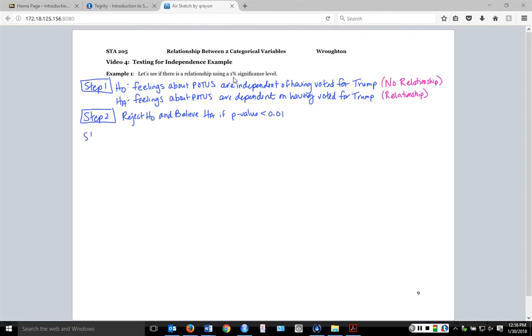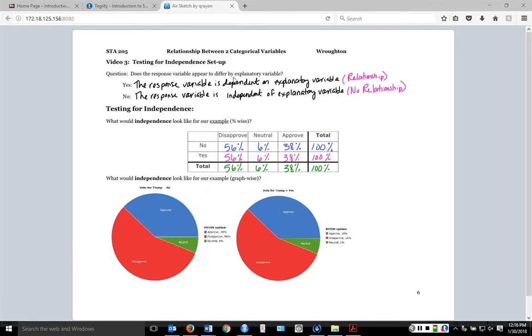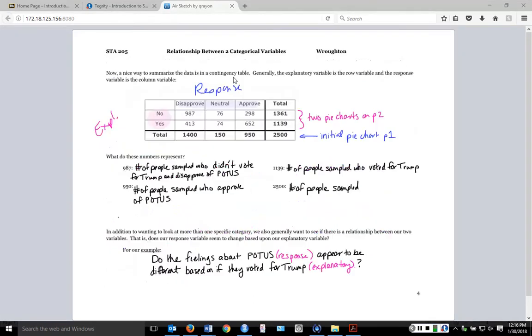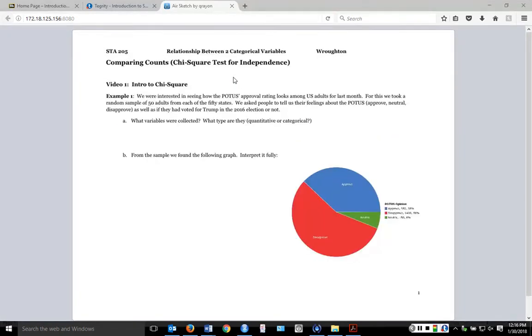Alright, our third step is always our conditions if we're asked for, so we'll go ahead and do them here for demonstration. So we first still have to have the idea of a relatively random and unbiased sample. So if we go way back to the very beginning, where I talked about how this data was collected, we took a random sample of 50 adults from each of the 50 states.